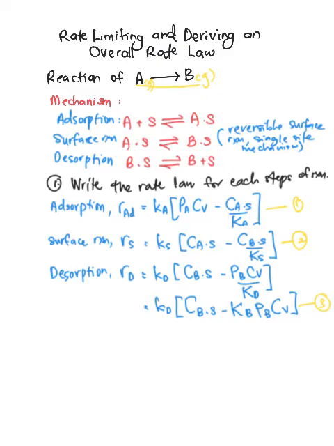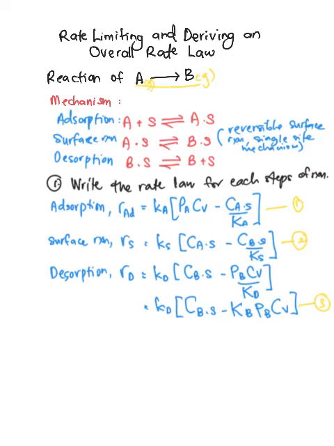Now we want to determine which one is rate limiting. Usually the rate limiting step will be given, but this example is just a general example. I will show you for each rate limiting step. If adsorption is rate limiting, what will the overall rate law equation look like? And similarly if surface reaction is rate limiting, and also for desorption.